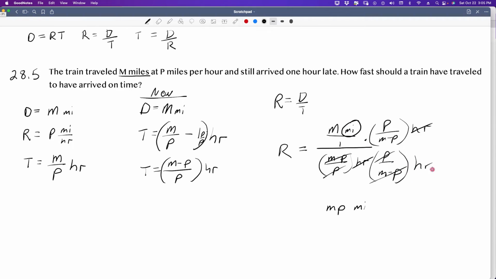And the hour stays in the denominator: M minus P. So MP over M minus P miles per hour, if that makes sense. Okay, that is our new rate.